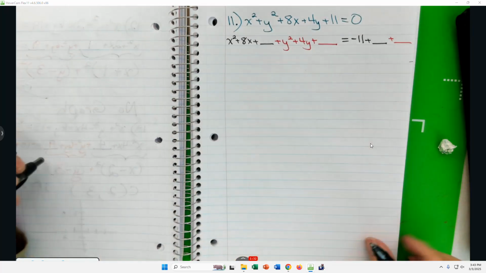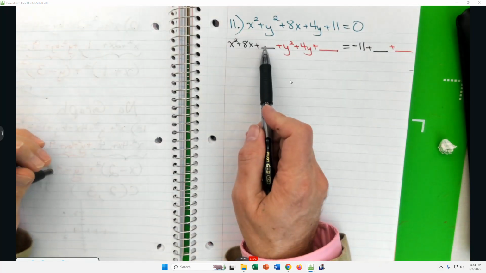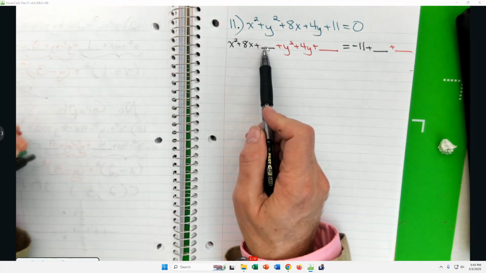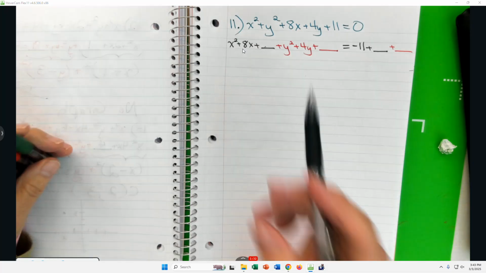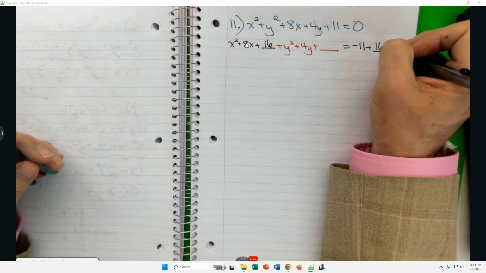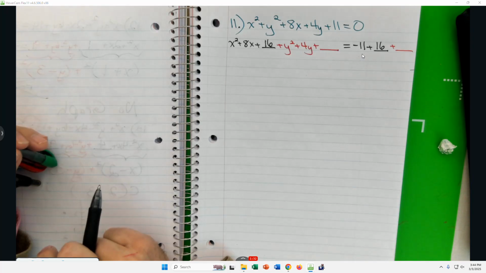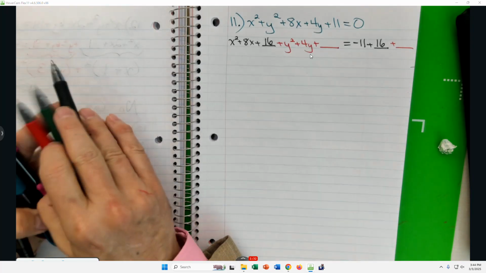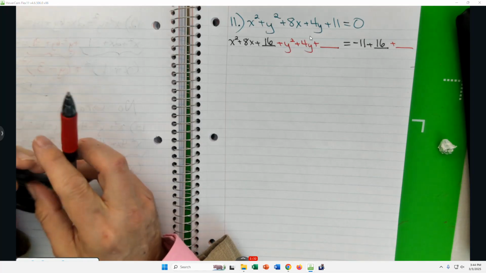What's going to go beside the x's? X squared plus 8x. What number am I adding here? 16. Okay, 8 divided by 2 is 4, 4 times 4 is 16, so I add a 16. What am I adding into the red blank? 4.